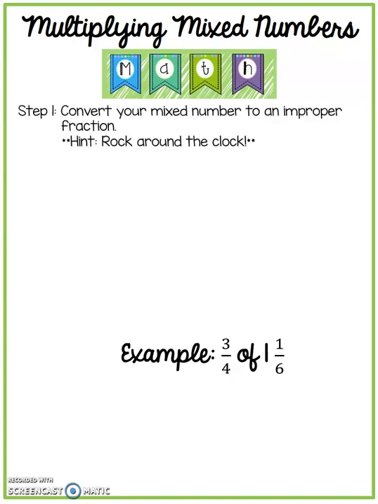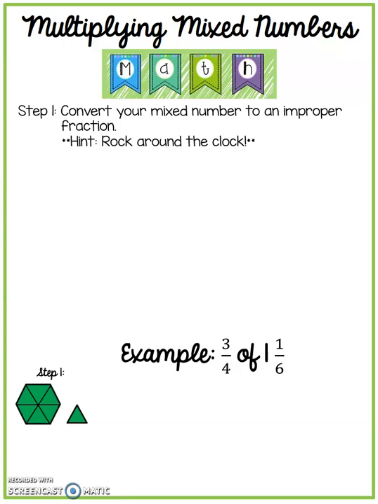First, right away, always start by turning your mixed number into an improper fraction. And this is when we rock around the clock. So remember, with 1 and 1/6, I could picture that with pattern blocks if I was modeling it as one hexagon that's made up of a bunch of little triangles and one extra triangle.